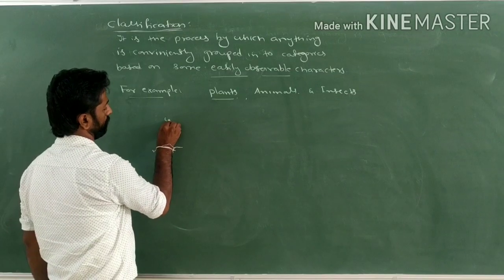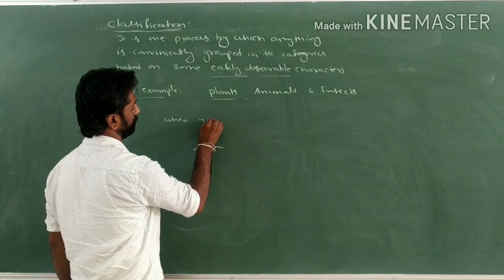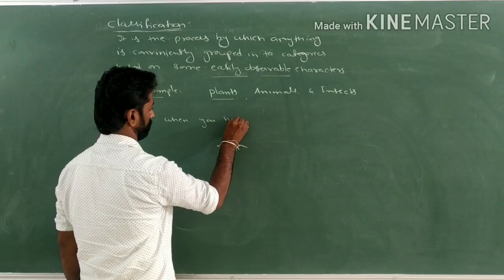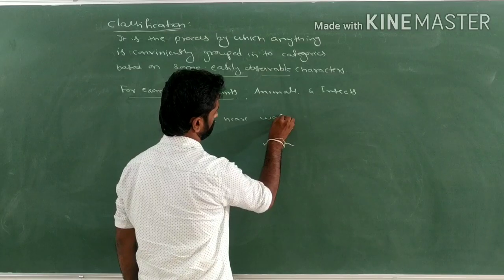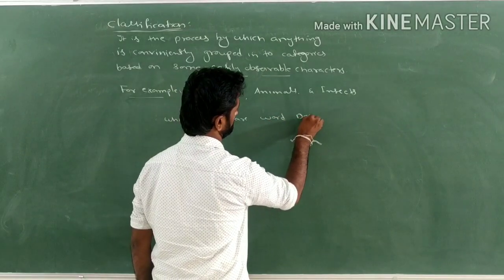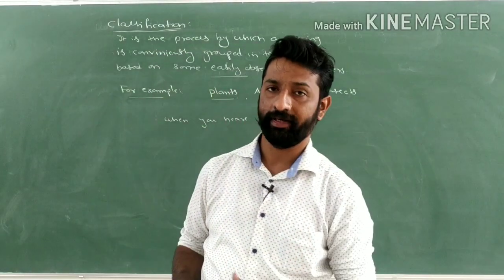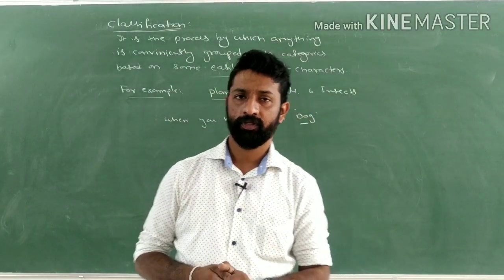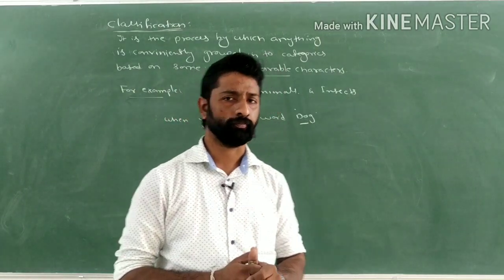In order to understand more easily, let us take some examples. When you hear the word dog, which picture comes to your mind? Does a cat picture come to your mind when you think of a dog? No, right?